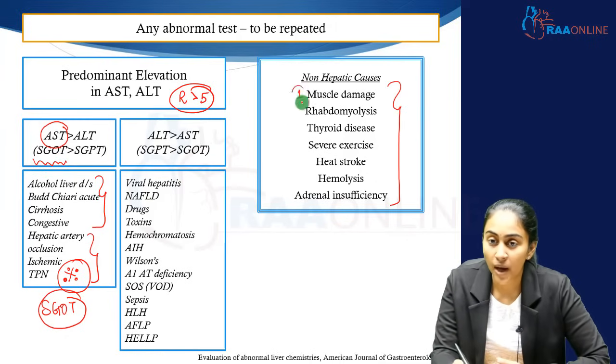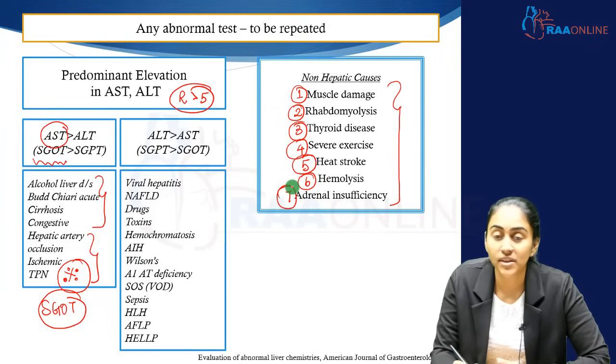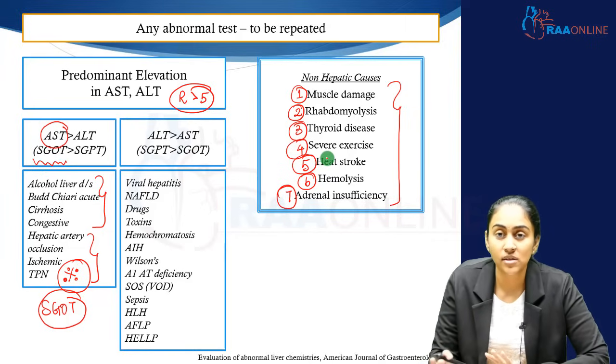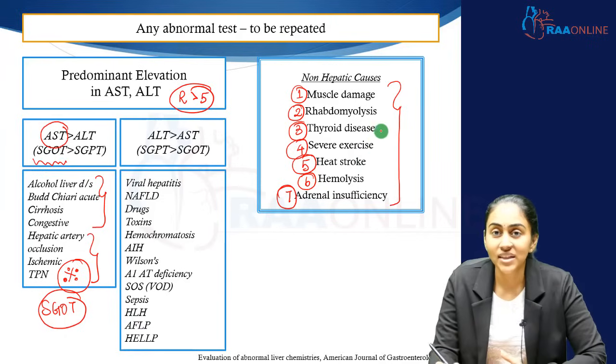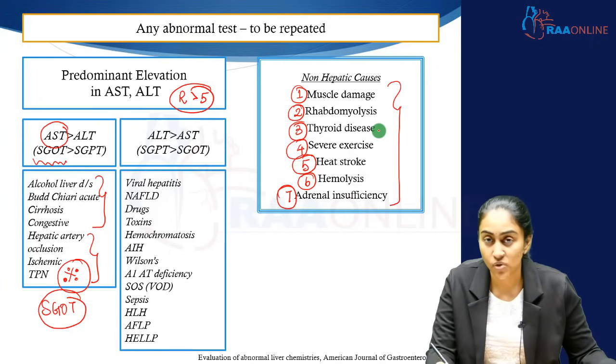Muscle damage, rhabdomyolysis, thyroid disease, severe exercise, heat stroke, hemolysis, adrenal insufficiency. So broadly, hemolysis, destruction of the blood cells, or myolysis, destruction of the muscle. It could be from myocardial infarction, from rhabdomyolysis, severe exercise, heat stroke. Basically anything causing severe muscle injury or lysis of the blood cells can cause elevation in transaminases. So these are the non-hepatic causes which need to be kept in mind.